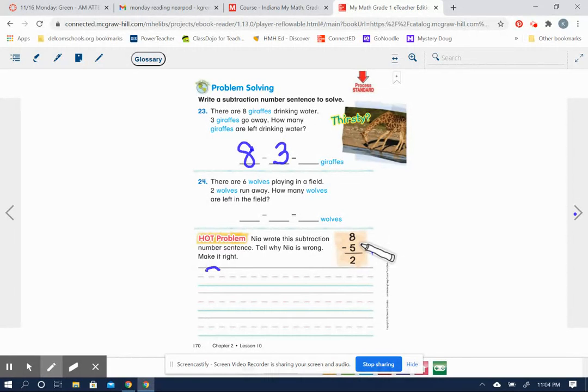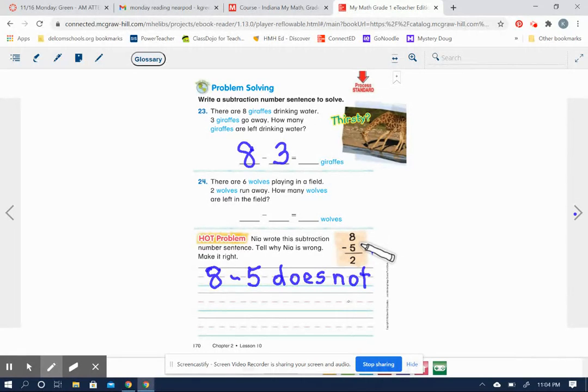Let's see. We're just going to go ahead and make this 8 minus 5 does not equal 2. Oh, I just lost power.